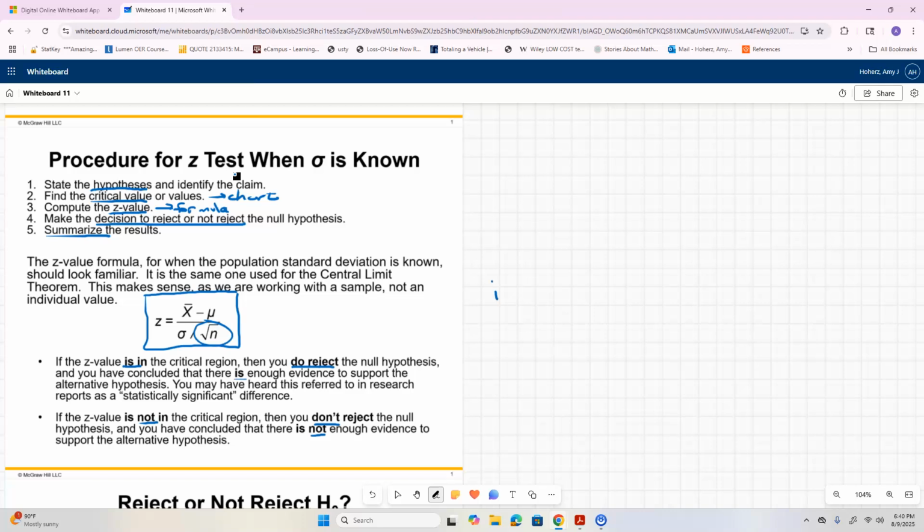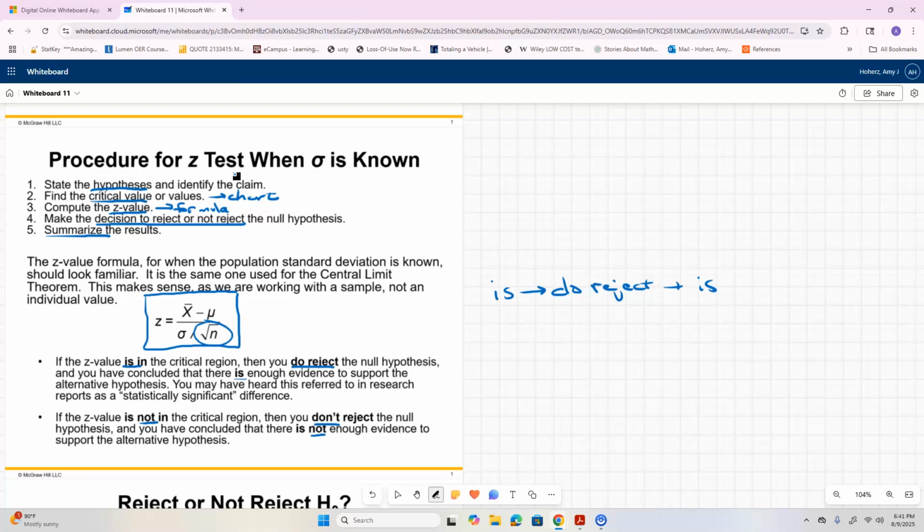So, in summary, if it is in the critical region, we do reject, and there is enough evidence to support.